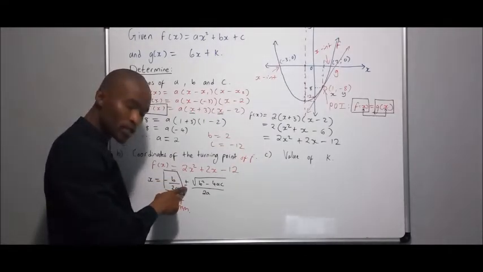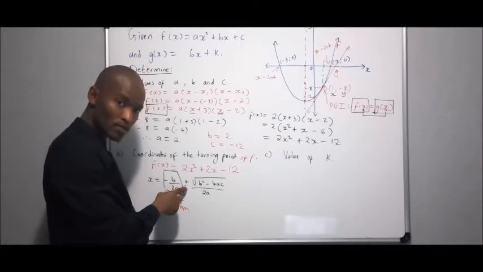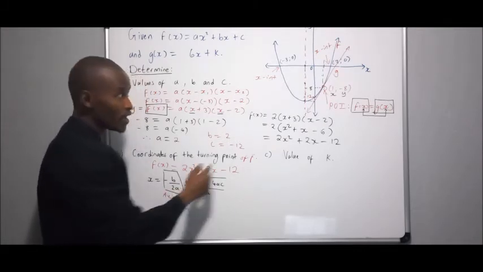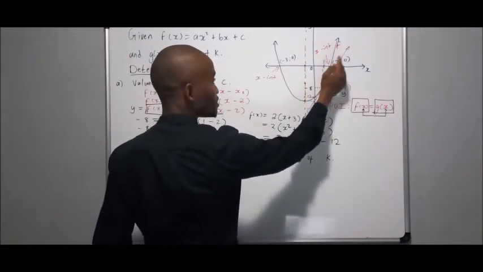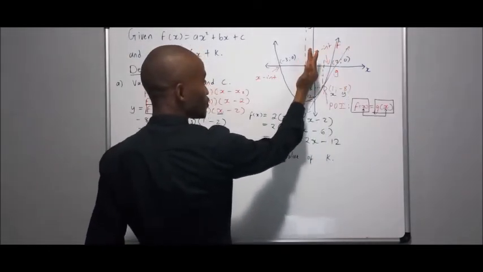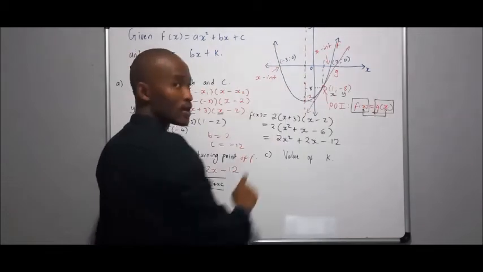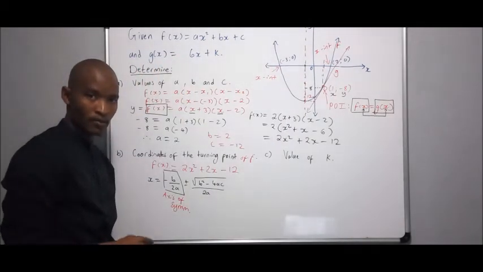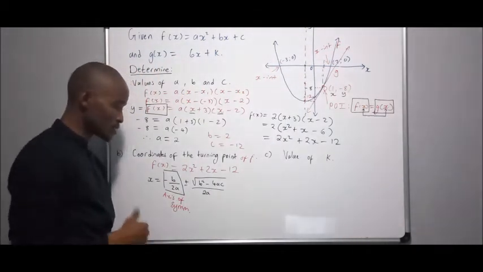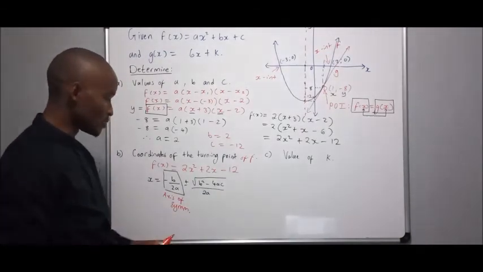There's also a root to the left of the axis of symmetry, hence the minus. As you can see, if you go to the right, there's a root, there's an x-intercept. If you go to the left, there's a root, that's the x-intercept. A root is another word for x-intercept.